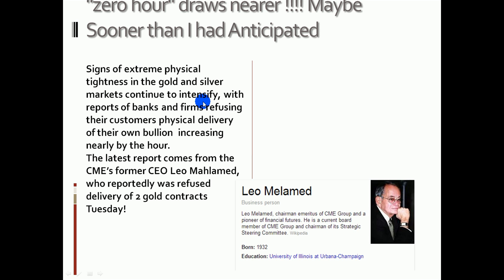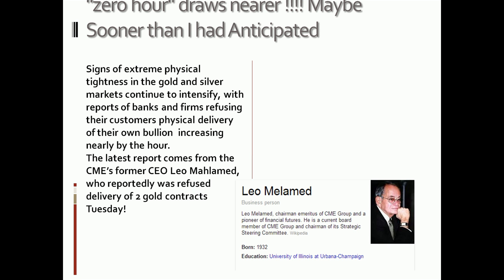It continued to intensify. Basically, the latest report comes out that CME's former CEO was reportedly refused a delivery of two gold contracts on Tuesday. So the ex-boss was actually refused gold contract delivery.